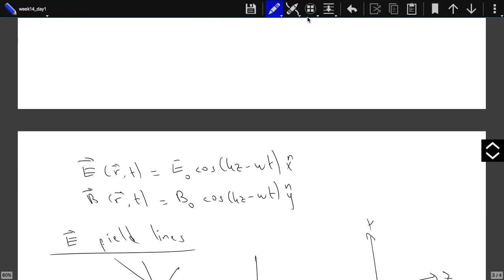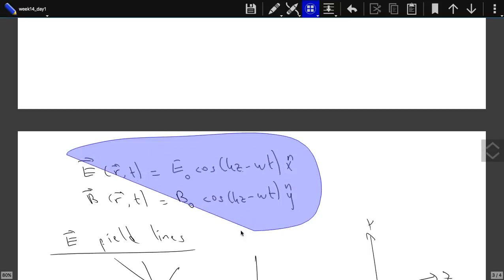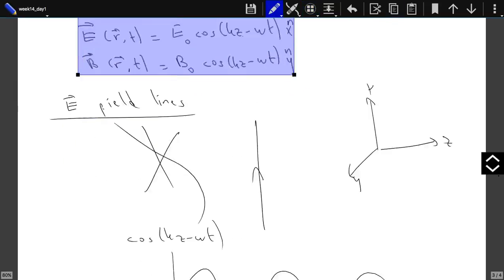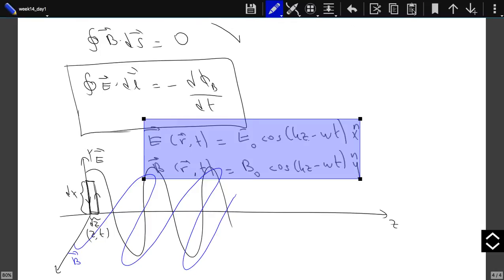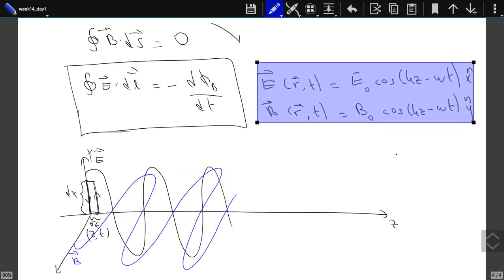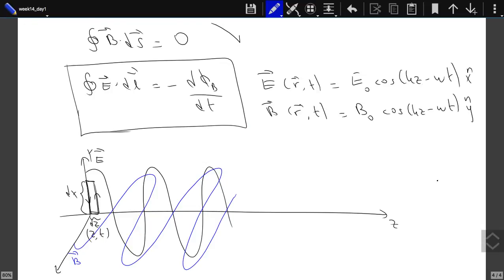Let me also take my guess. What is the area vector corresponding to that area? dx dz.